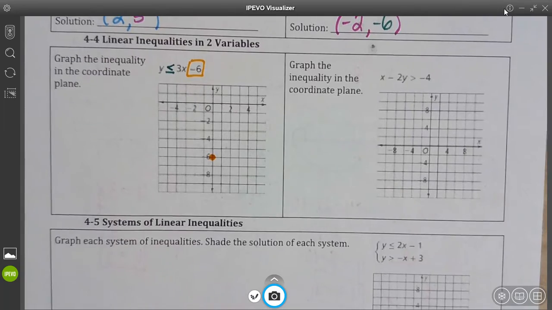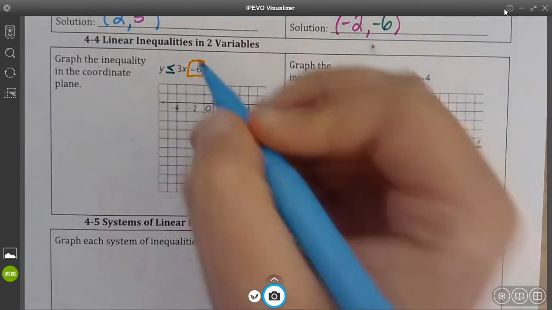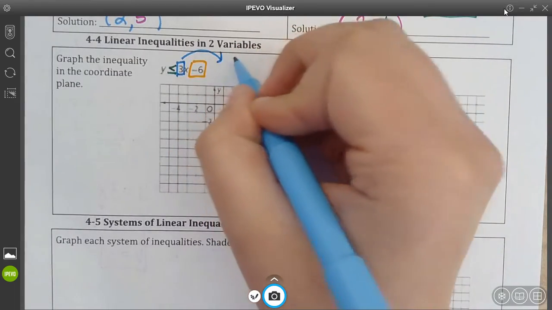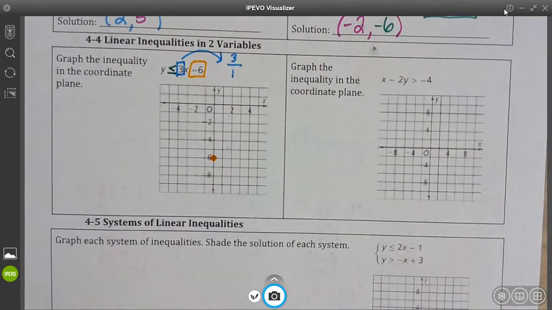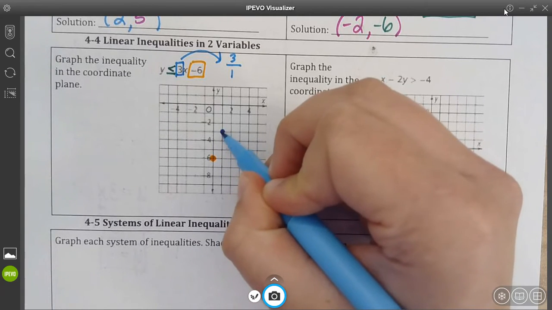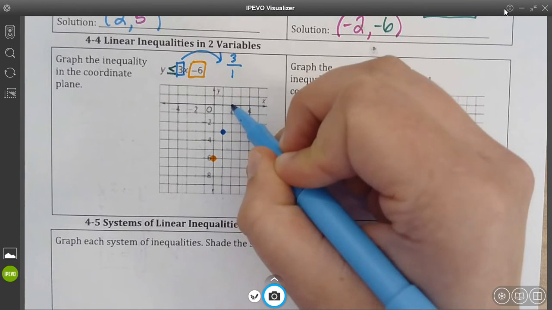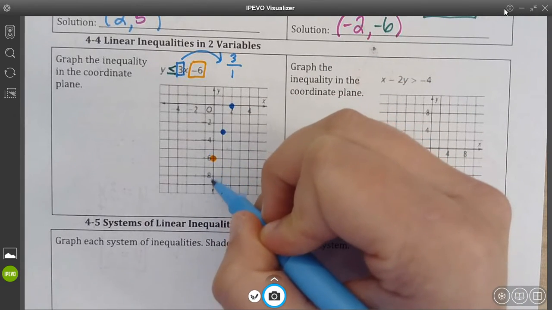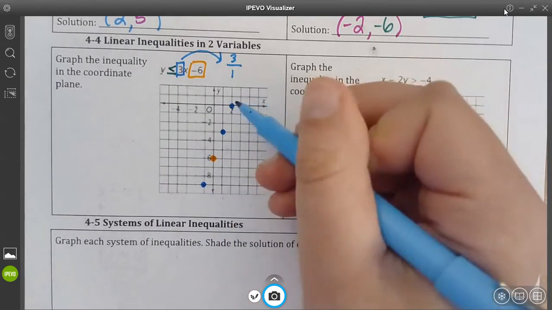And then the slope of my line, which is going to help me find my other points, is this value here, 3. Remember, that is 3 over 1 as a fraction, so I can count up 1, 2, 3, and I'm going to go over 1. And then I can also find some points to the left of my y-intercept by going down 1, 2, 3, and over 1.